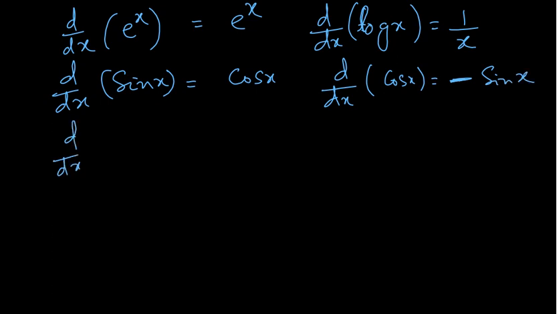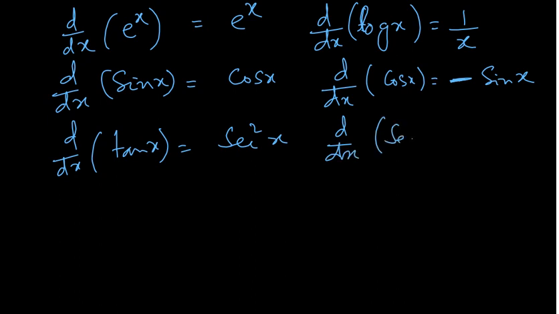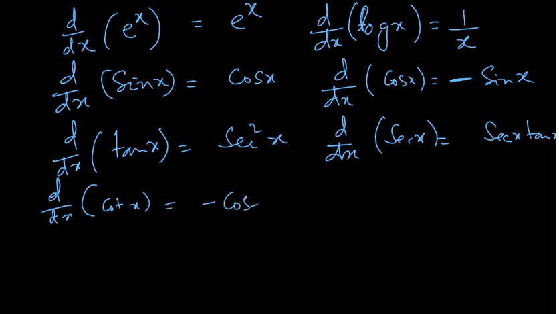Differentiation of tan x equal to secant squared x. Differentiation of secant x equal to secant x tan x. Differentiation of cot x equal to minus cosecant squared x. Differentiation of cosecant x is minus cosecant x cot x.